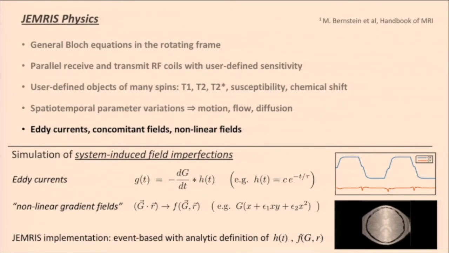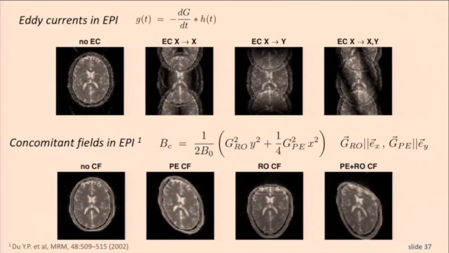That means for each and every gradient event, you can specify the according eddy currents or also the nonlinear behavior. So this is an example of eddy currents in the top row, for EPI, where you see the typical ghosting in EPI, and that can be on the same axis or also on different axes.